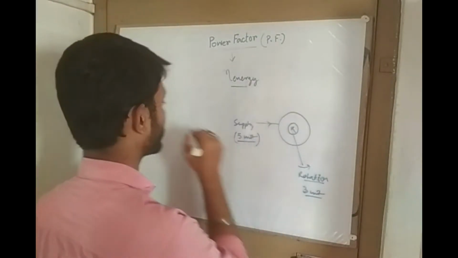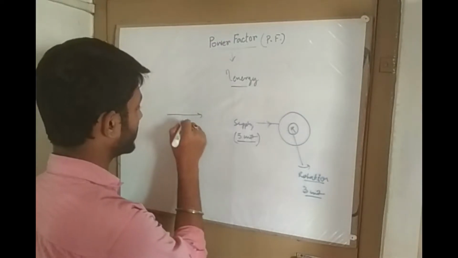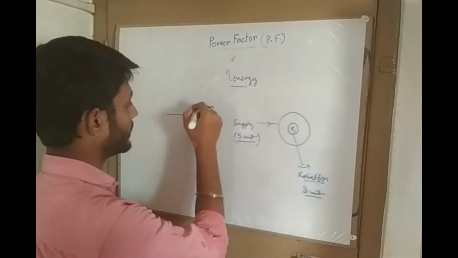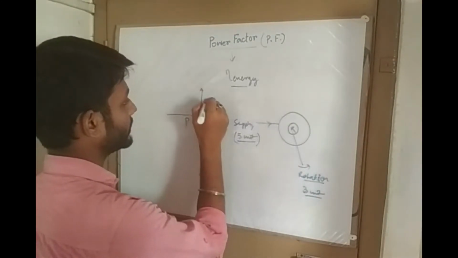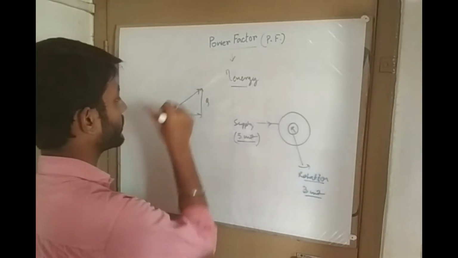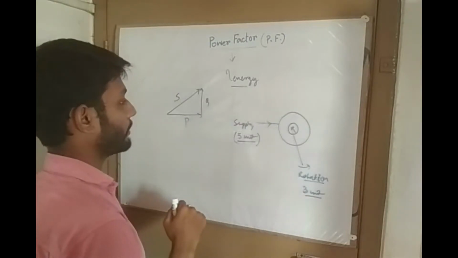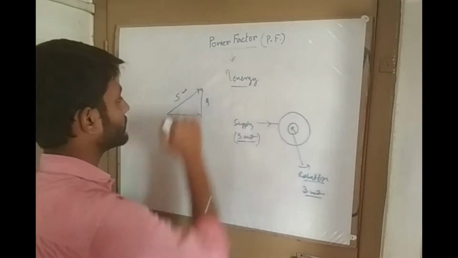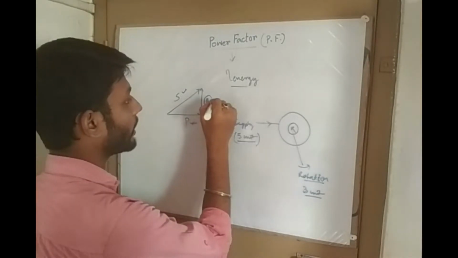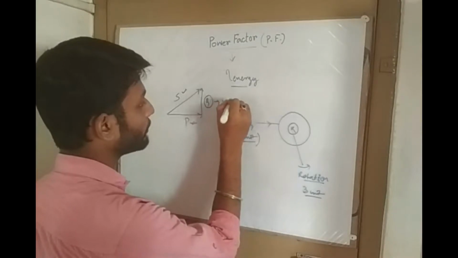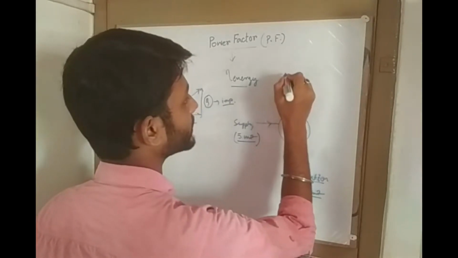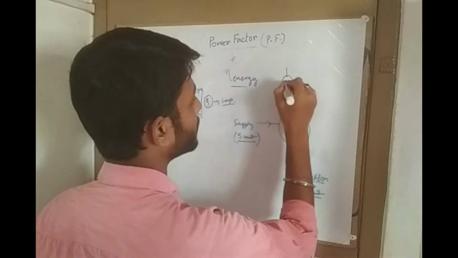What is the remaining? From the power triangle it is clear, it is working power, that is our targeted work, and if this is the reactive part, then the vector sum is S, apparent power. We are giving supply this much, we are getting our work this much. This part is also important for a circuit. If we represent this in a circuit, it will be like this.